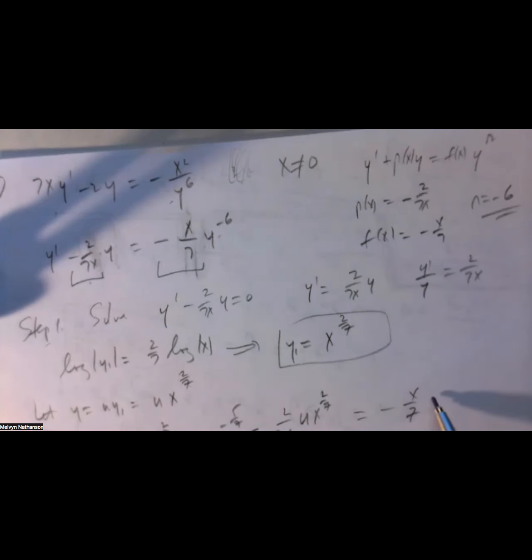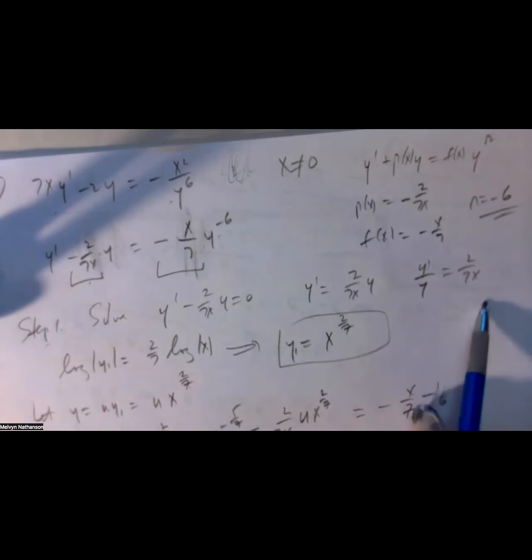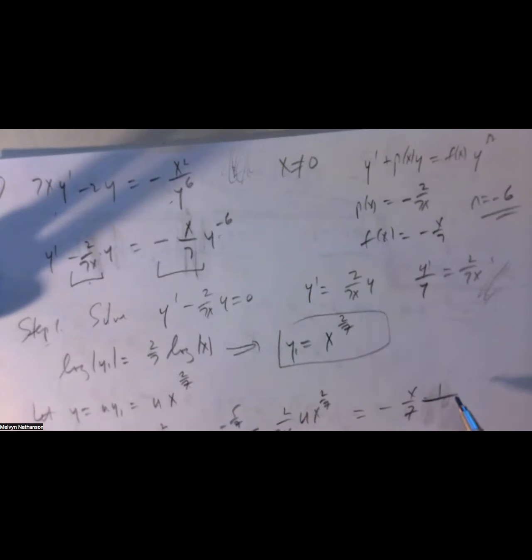So this is 1 over y to the 6th. That's 1 over u to the 6th times x to the 2/7 raised to the 6th power.